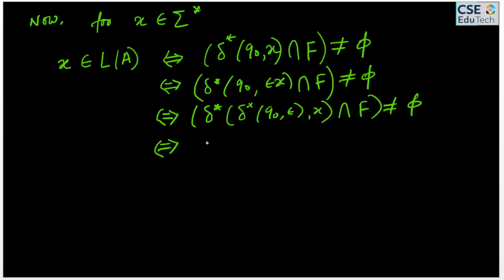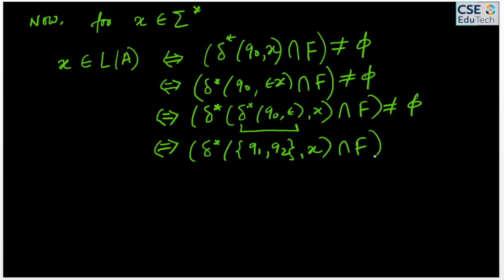Now what will be the value of this? If you are in Q naught after processing epsilon, what are the states that you can move to? It will be delta star, and the states will be Q1, Q2, and now X, intersection of F should not be equal to null.